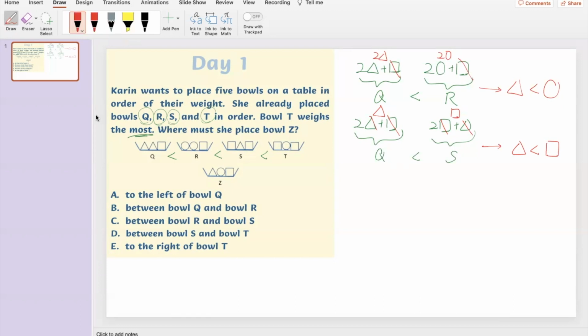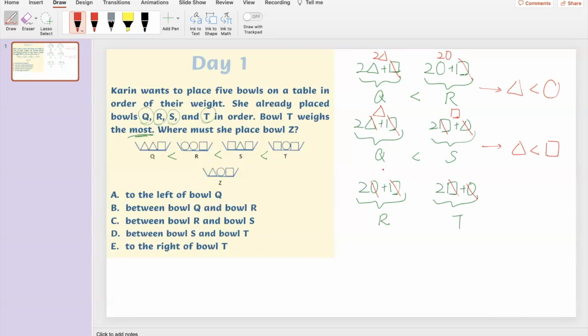Okay, let's see. Can we compare others? Yes. We also compare our R and T, right? So what shapes do we have in R? We have 2 circles plus 1 square in our R, and we have 2 squares plus 1 circle in our T. Okay, this time, we have 1 circle, 1 square in both R and T, so we can cancel them out.